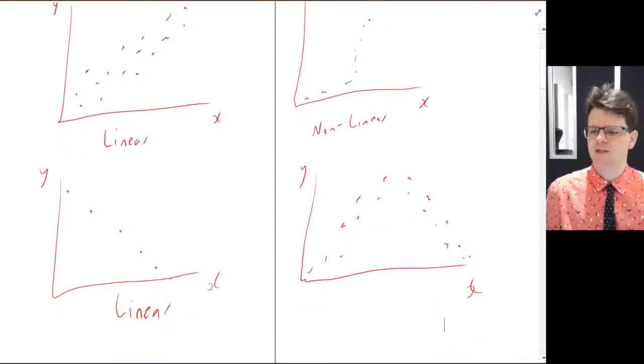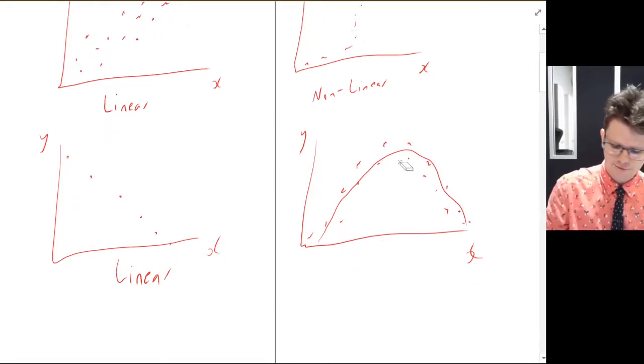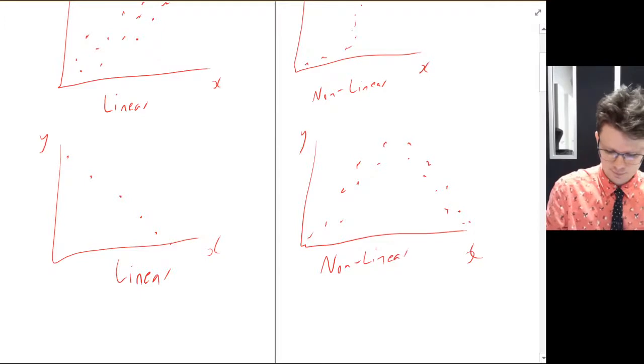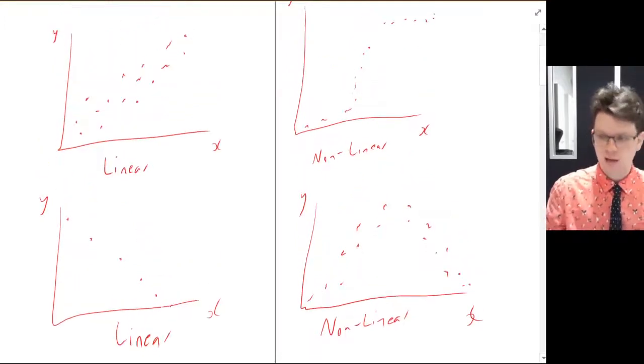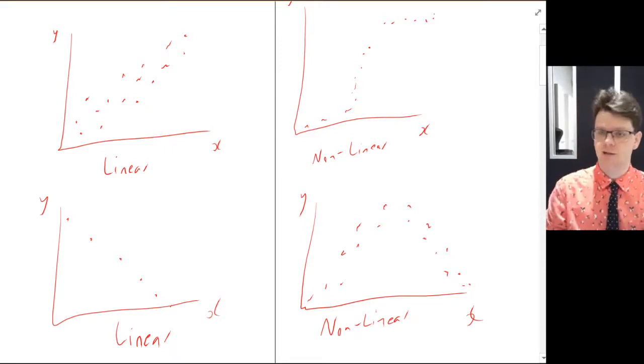What about this one? Is this one linear? Not to me. Looks like a frowny face. So that one, non-linear. So if a line fits it, it's linear. If a line doesn't fit it, or if a curve fits it better, it's non-linear. So those are our beginning definitions.